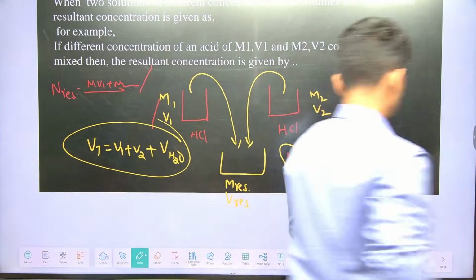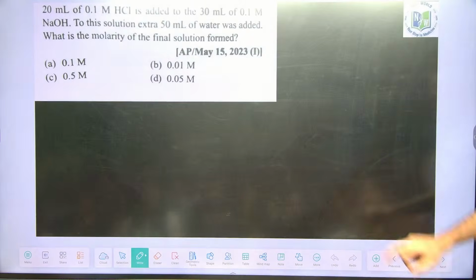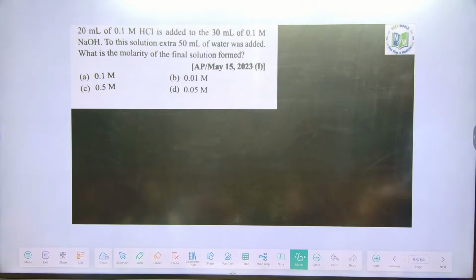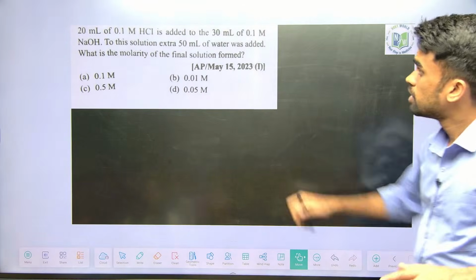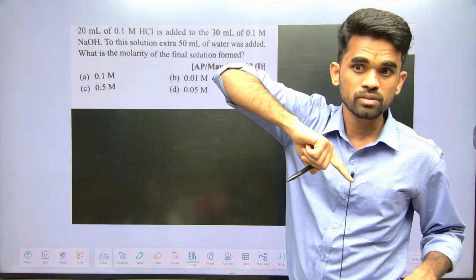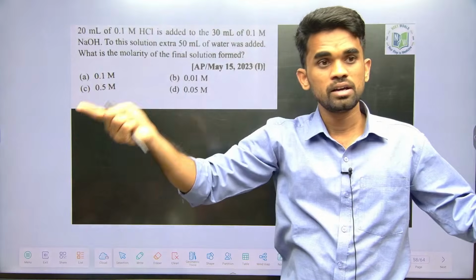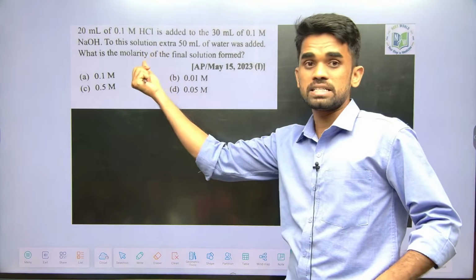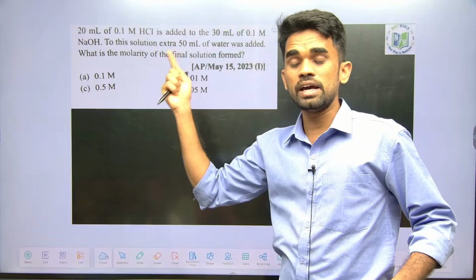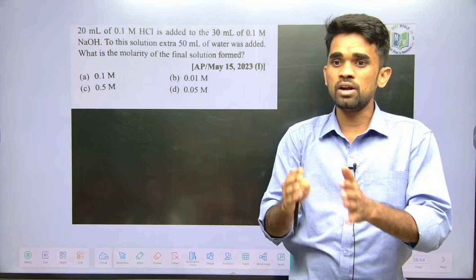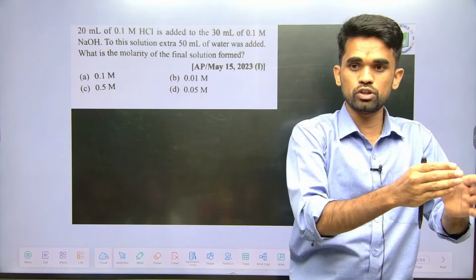Now do this question fast. See what they are mixing here? HCl, and what I told you previously, both of them are acids. But here one is acid, another one is base, so here it is a different way. When you are mixing both acids, you should follow M1 V1 plus M2 V2 by V total.